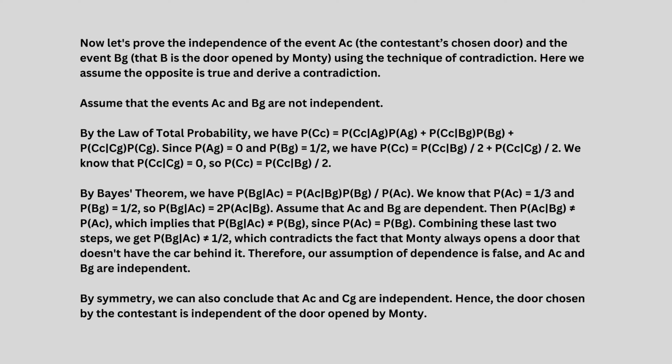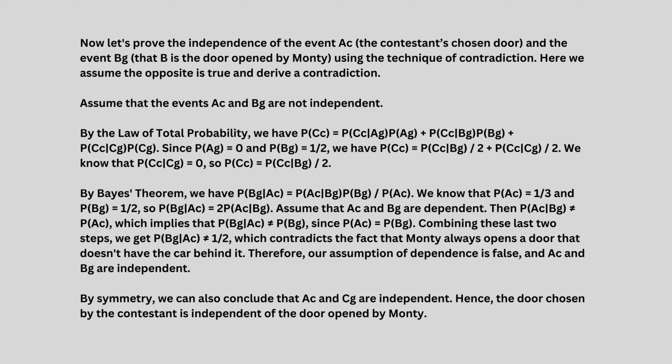By the law of total probability, we have the probability of CC equals the probability of CC given AG times the probability of AG, plus the probability of CC given BG times the probability of BG, plus the probability of CC given CG times the probability of CG.